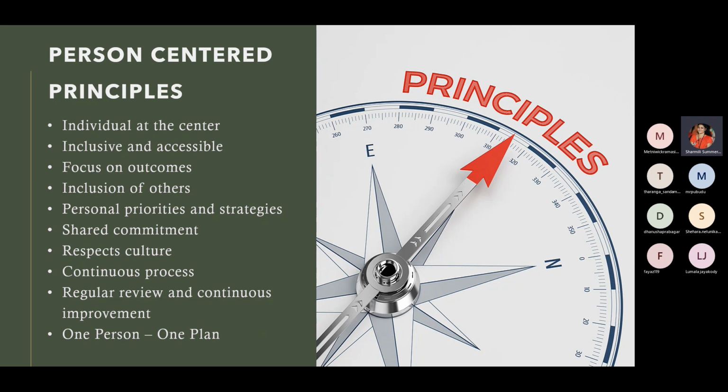The other is one person, one plan. That means for one particular person, you plan particular care which suits that person. These are the principles that will guide you when you use a person-centered approach. So are you clear up to now?